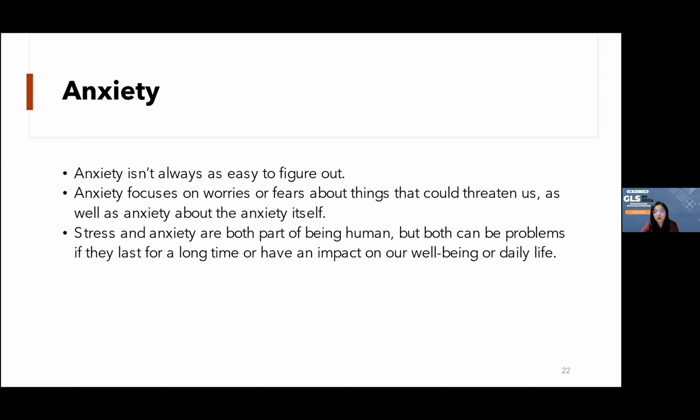Anxiety focuses on worries or fears or things that could threaten us, as well as anxiety about the anxiety itself. Stress and anxiety are both part of being human, but both can be a problem if they last for a long time or have an impact on our well-being or daily life. So the difference is, in stress you have an exact stressor.